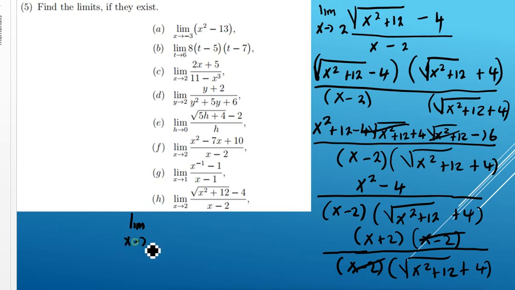as x is approaching 2 of x plus 2 everything over root of x to the power 2 plus 12 plus 4. So you can replace everything in here, and if we put a 2, this is 4. 4 plus 12 is 16. Square root of 16 is 4.